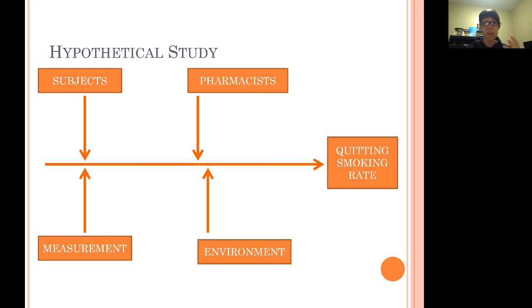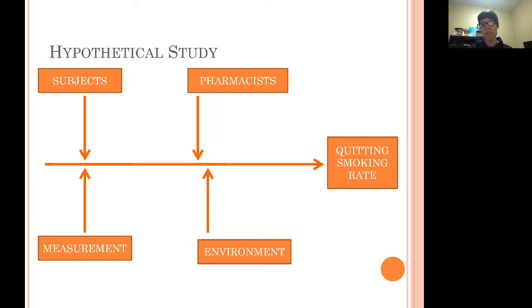So I did a little bit of brainstorming when I was creating this chapter, and I thought that maybe 4 headings that we could use could be the following. So we could talk about our subjects, the participants who are actually joining this study, and what they bring to the table and how that might affect the way that they quit smoking.